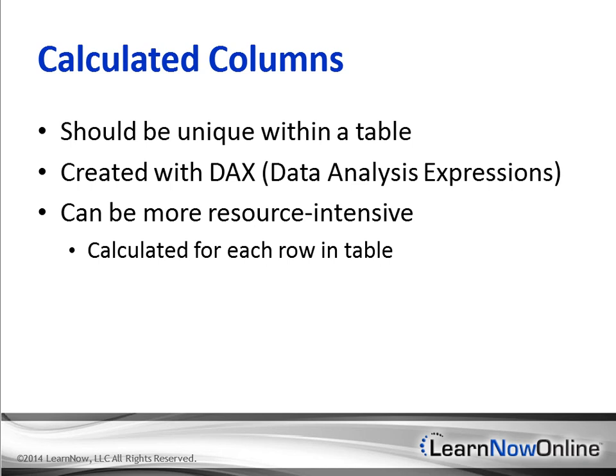You are creating a column, but it is spanning across all the rows of a table in your data model. That's why it is more intensive. It has to calculate for each row in the table. It will also consume more space on your workbook, which will translate to a bigger workbook size.